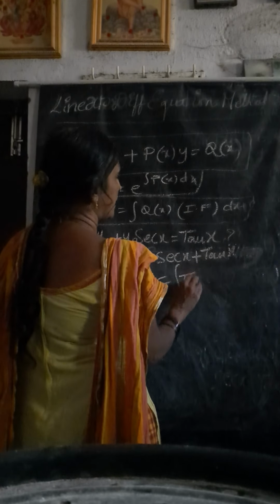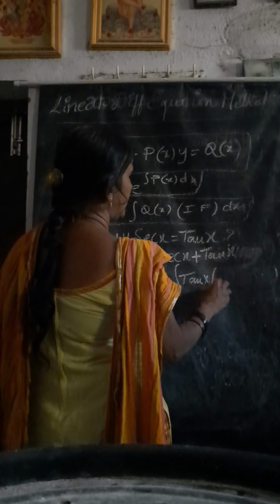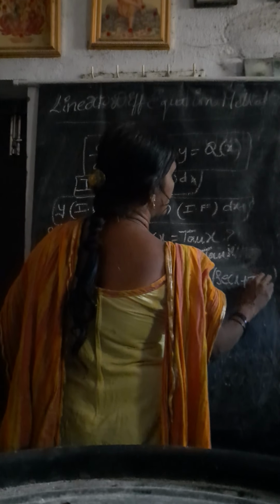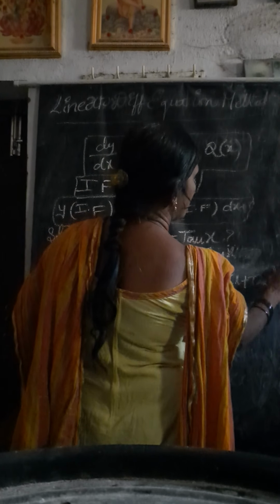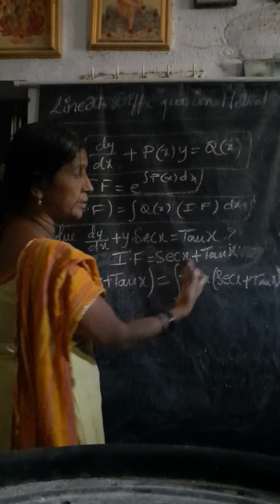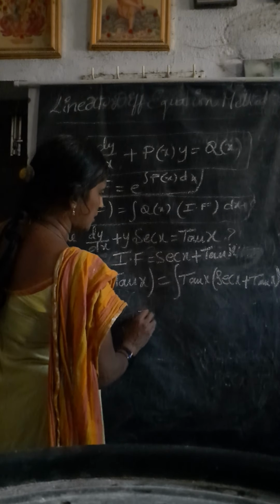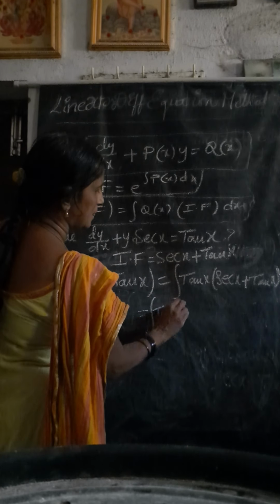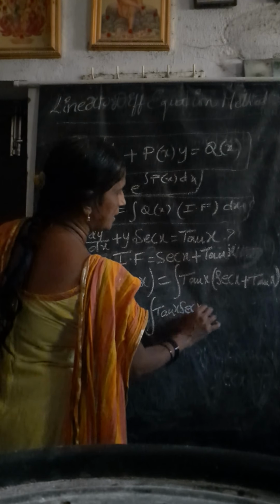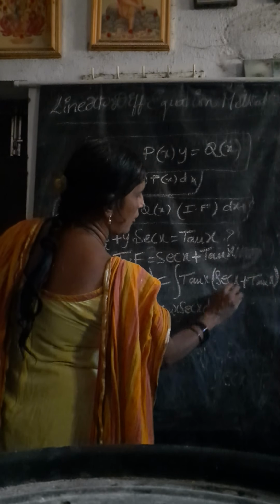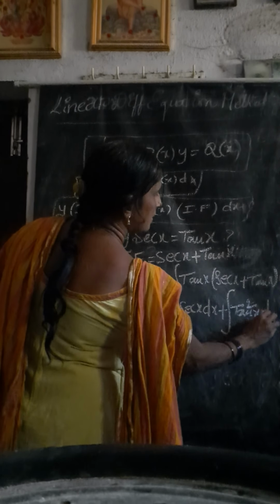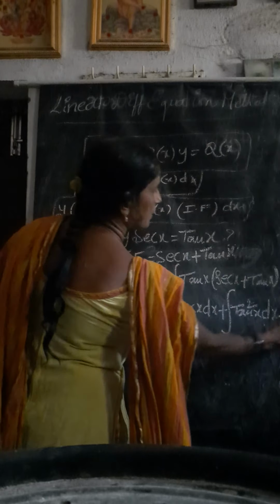Q of x is tan x and the integrating factor is secant x plus tan x. Now integrating this: tan x into secant x dx plus integral of tan square x dx plus c.